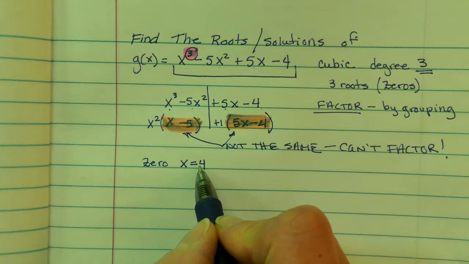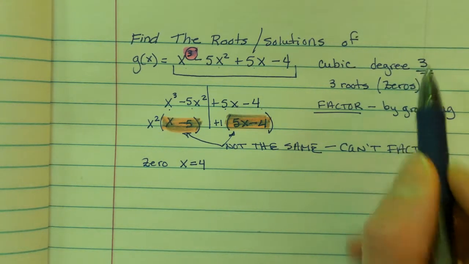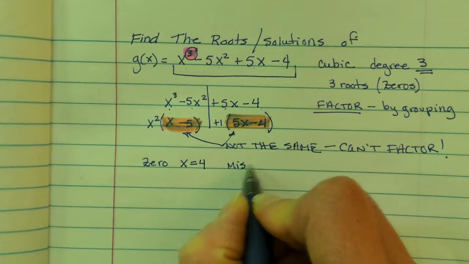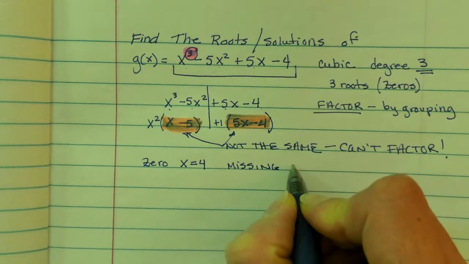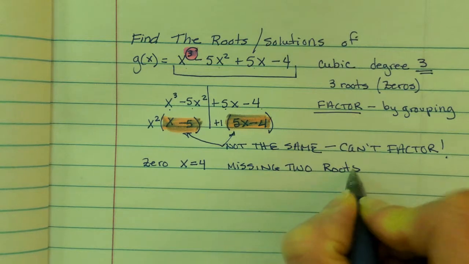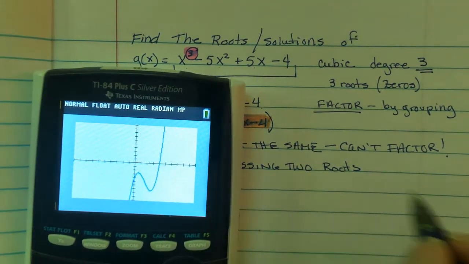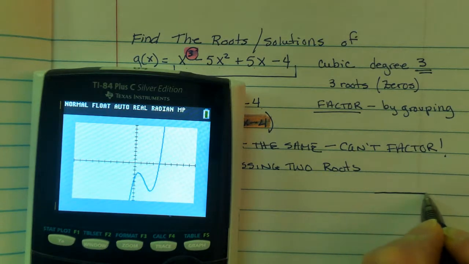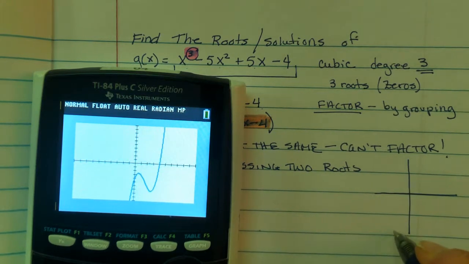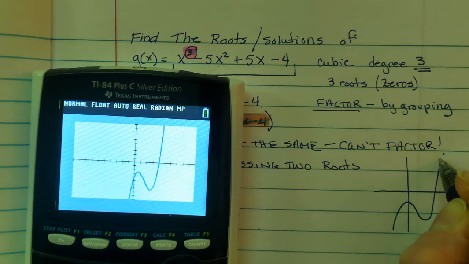But that's only one of them, which means I'm missing 2 more because I have to have a total of 3. So that means that I'm missing 2 roots. So when I look at my graph, I can see that if this is my x-axis, this is my y-axis, my function is coming up, it's going down, and then it's coming up.